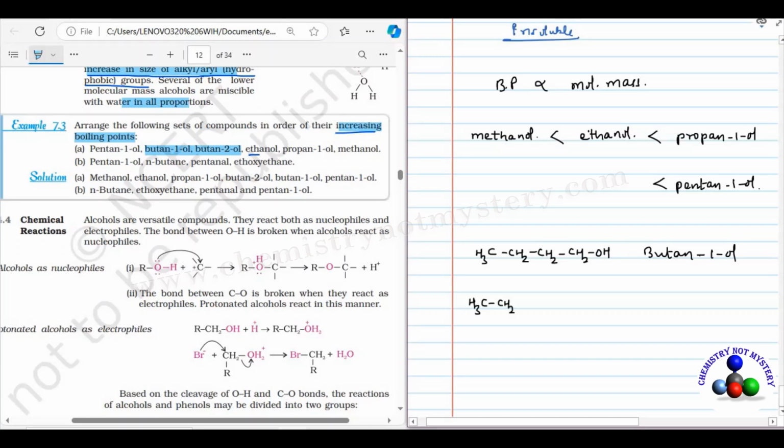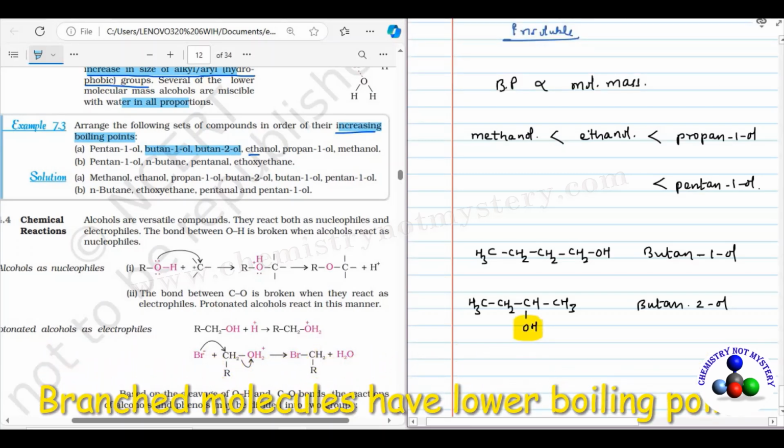So this is CH3, CH2, CH, this is CH3, and at the second position there is the OH functional group. Butane-2-ol. So when you compare the structure of butane-1-ol and butane-2-ol, here there is an OH group present at the second position. So you can consider it as a branch of the molecule. On increasing the branching, the boiling point decreases.